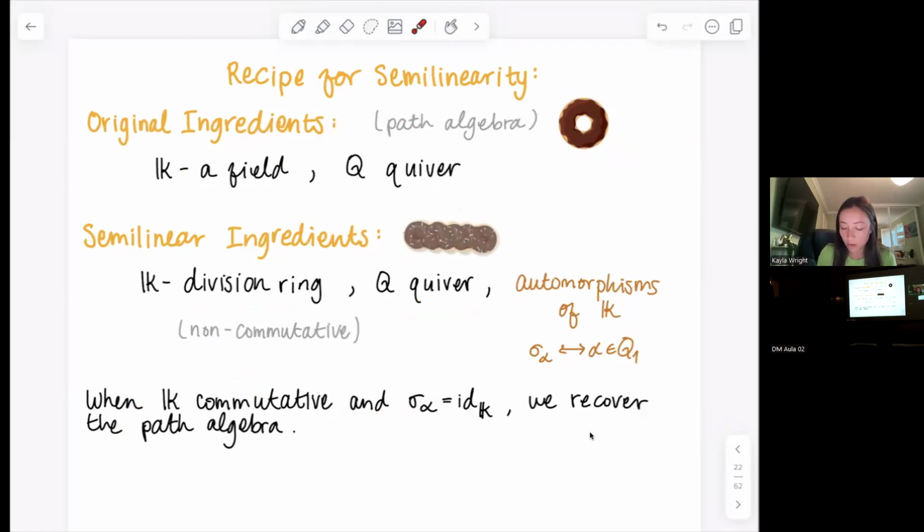We're going to associate an automorphism of the division ring to each of the arrows in the quiver. So you can think about that as the initial data, and then we're going to look at modules over these things. And this generalizes the original story, because if we choose K to be commutative, and we associate the identity automorphism to each arrow, we'll recover the usual path algebra.